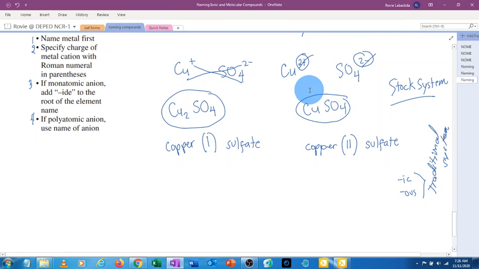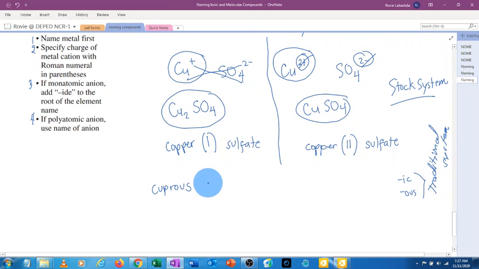So in this example, we know that copper 1 has a lower charge compared to copper 2 ion. So therefore, the name for this compound using the traditional system is cuprous sulfate.